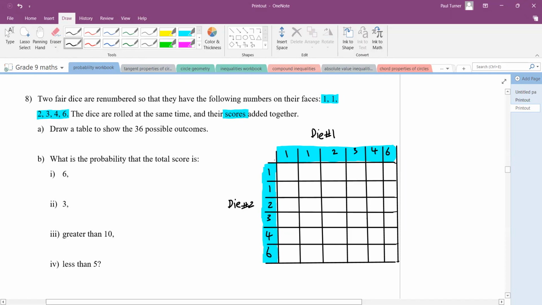So in this case, we're going to get 2, 2, 3, 4, 5, 7 for the first rows, and these ones will be exactly the same.